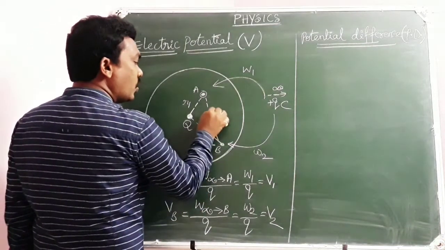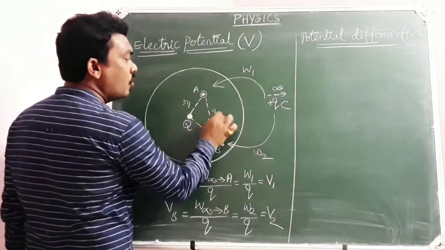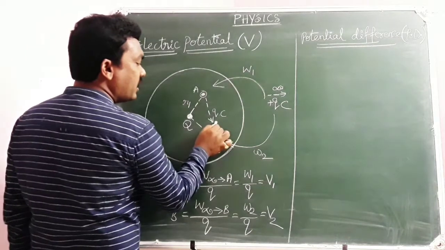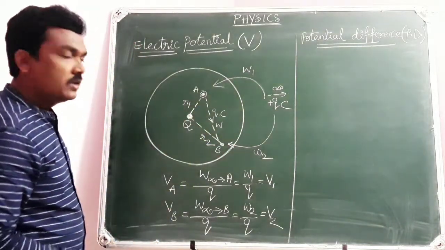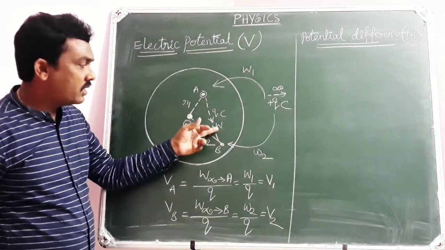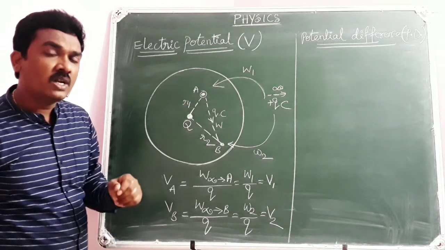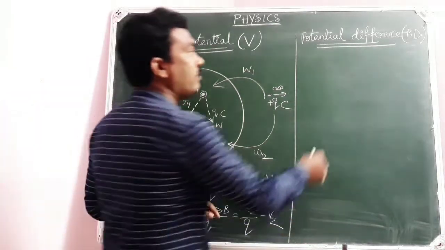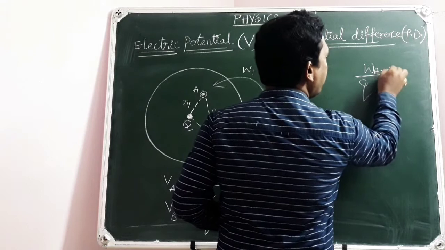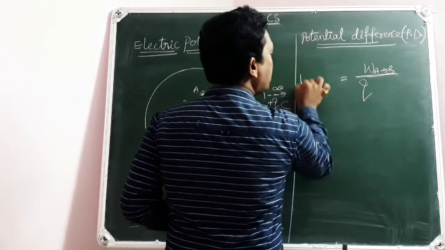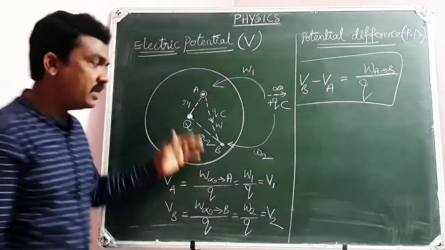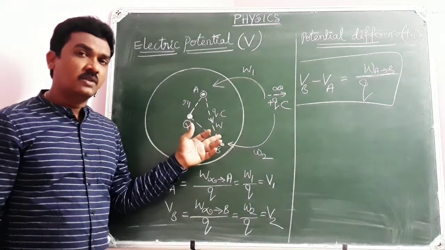For example, Q coulombs of test charge displaced from A to B, where the work done is W. Then how much work is done per unit charge? W by Q. Since you are taking it from A to B, the potential difference is written as VB minus VA.